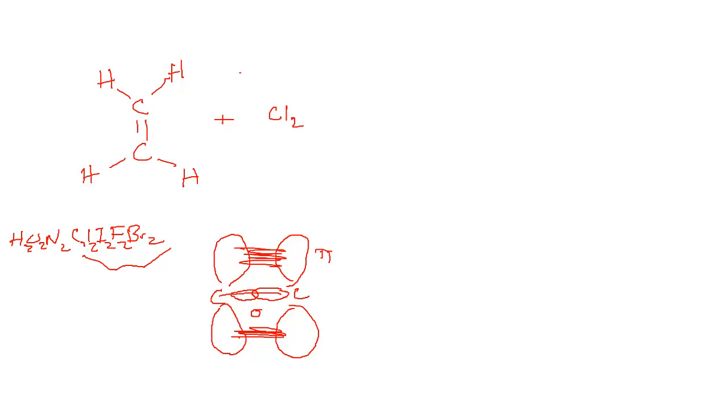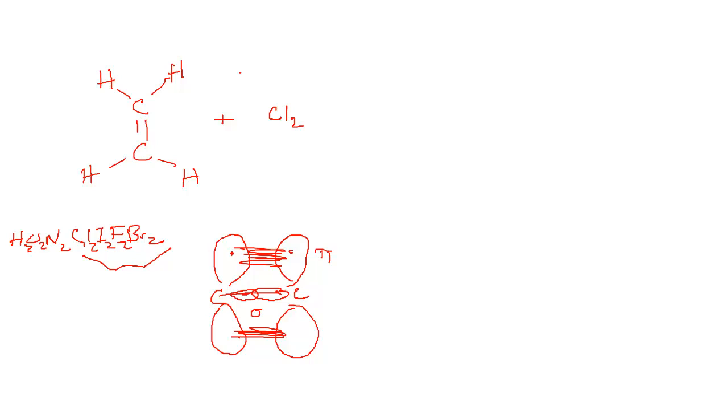And remember what a bond is: it's the sharing of electrons. So one electron from this carbon, one electron from this carbon are being shared, and then one electron from this carbon, one electron in line with the carbon axis is also shared. That's a sigma bond.